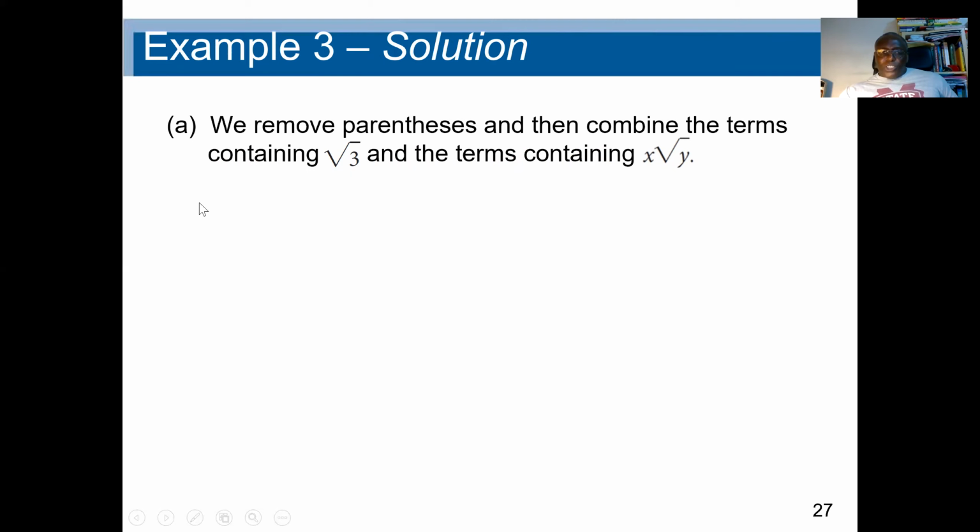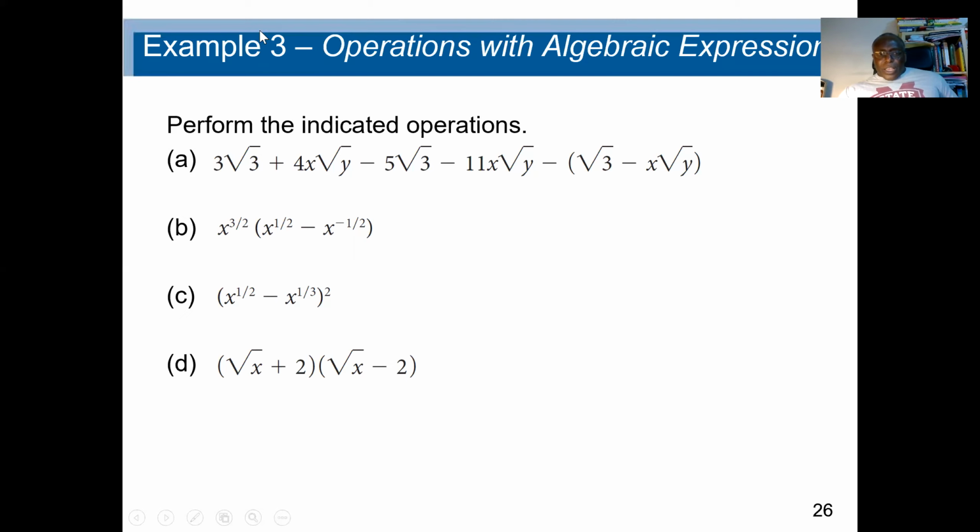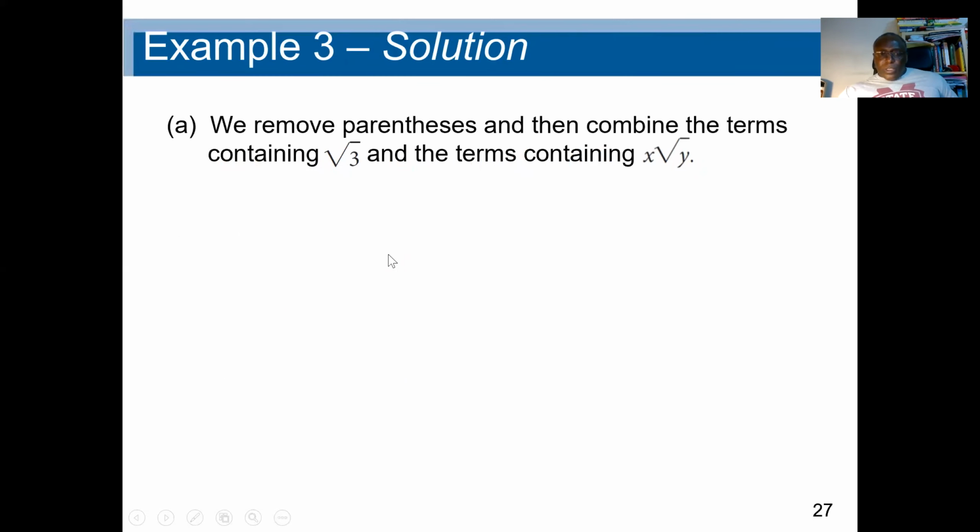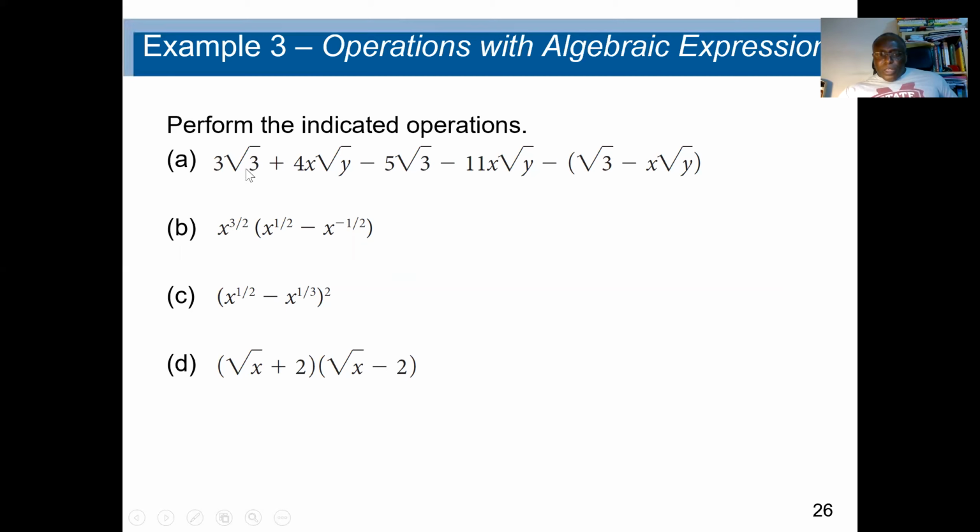Let's go back to the question. You can see that we have a square root of 3, and we have another one here, and another one here. This one will be negative because we have parentheses here and it's positive.